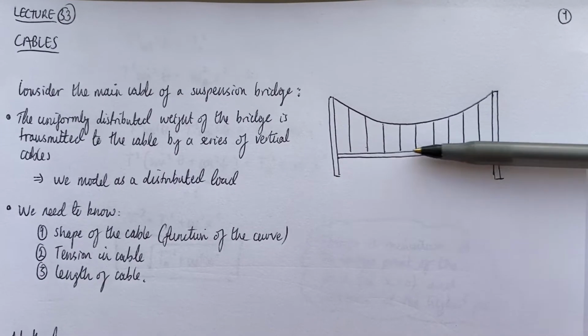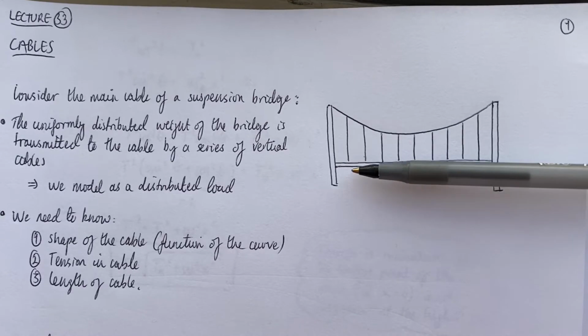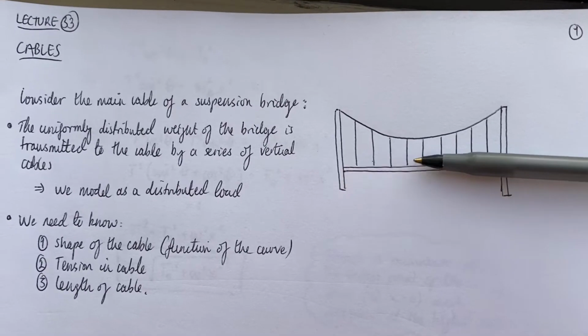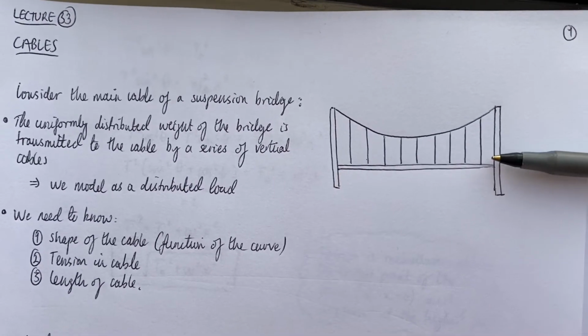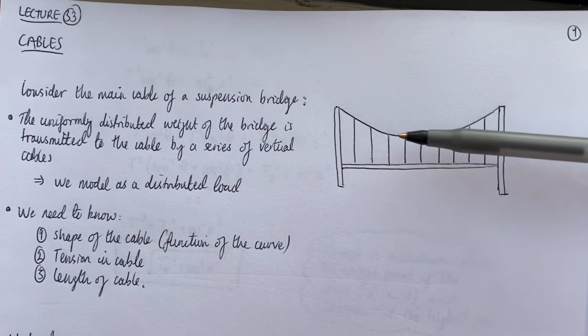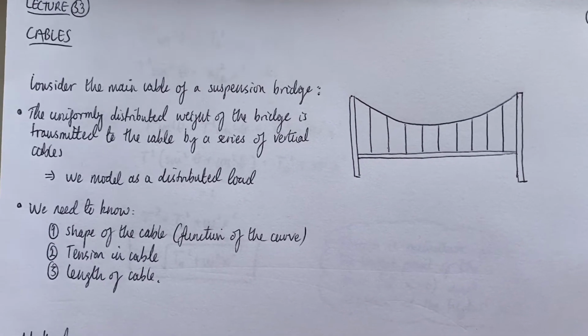And we model this problem now as a distributed load. So we have the load due to the weight of this horizontal piece of the bridge being suspended by the main cable of the suspension bridge.